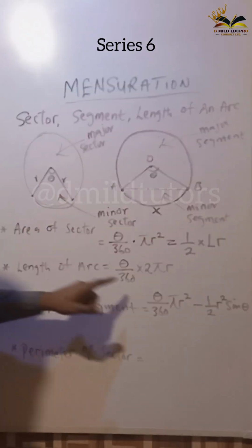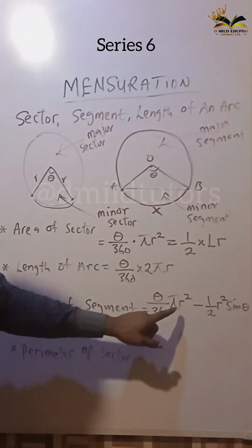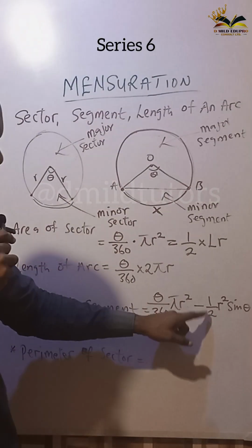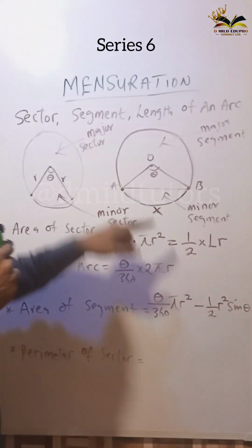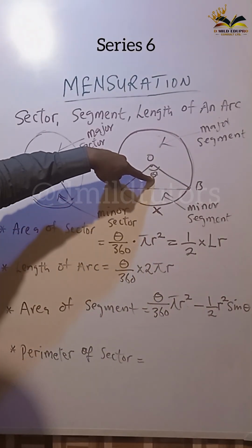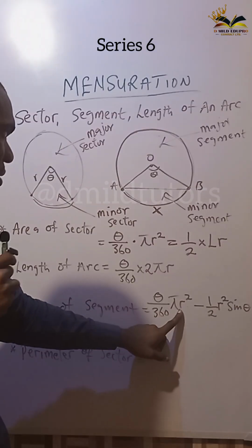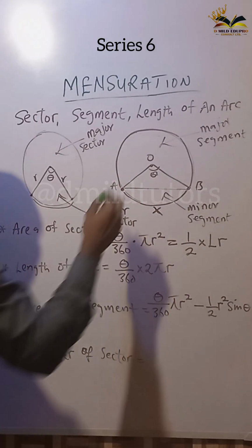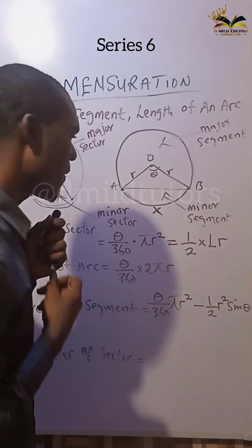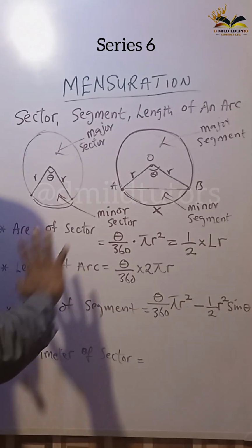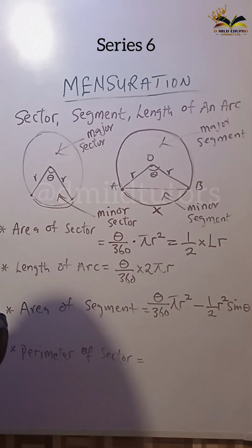Is that okay? Theta over 360 times pi r squared minus 1/2 r squared sine theta. You'll be given pi either as a fraction, and then you'll be given the radius. This is 1, this is 2. Now, once you have this, getting the area of a segment is done already.